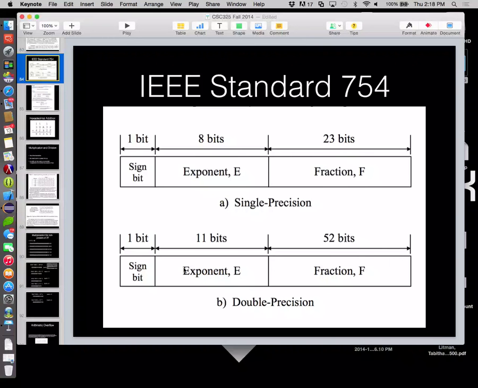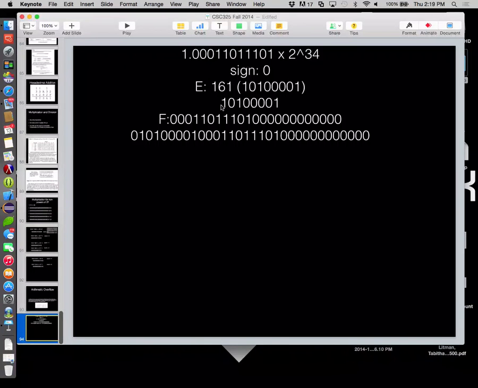The other one has an 11-bit exponent and a 52-bit fraction. The one we're dealing with is going to be an 8-bit exponent. And actually, that's one thing we didn't double check here. Is our exponent 1, 2, 3, 4, 5, 6, 7, 8? We kind of lucked out just because of what the value was, because we didn't actually explicitly pad it to 8 bits. If this had been a smaller value, we would have had to make sure we put zeros in the front.